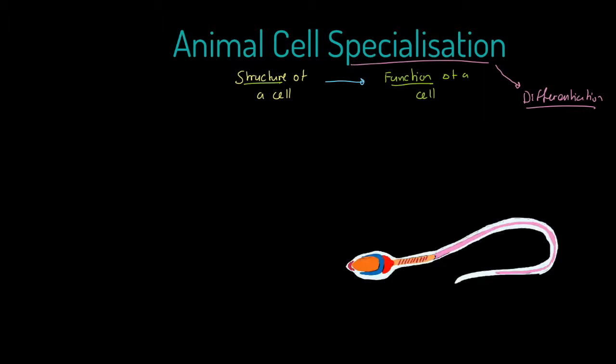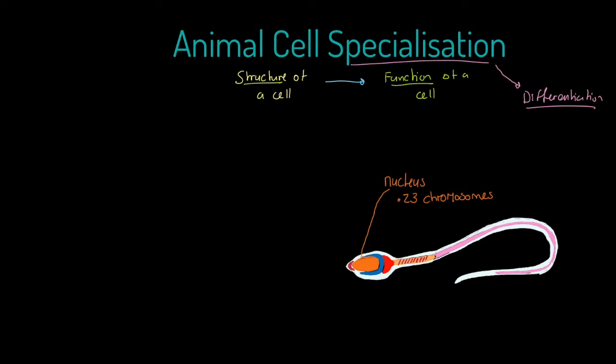Now, I don't think anything's going to shock you here at the start, because the sperm cell has a nucleus, and in our specialized differentiated sperm cell, the nucleus is in the head. Okay, that seems to make some kind of logic. But what if I told you that this nucleus only has 23 chromosomes? As we may or may not know at this point, in order to code for a human being, we need 46 chromosomes.